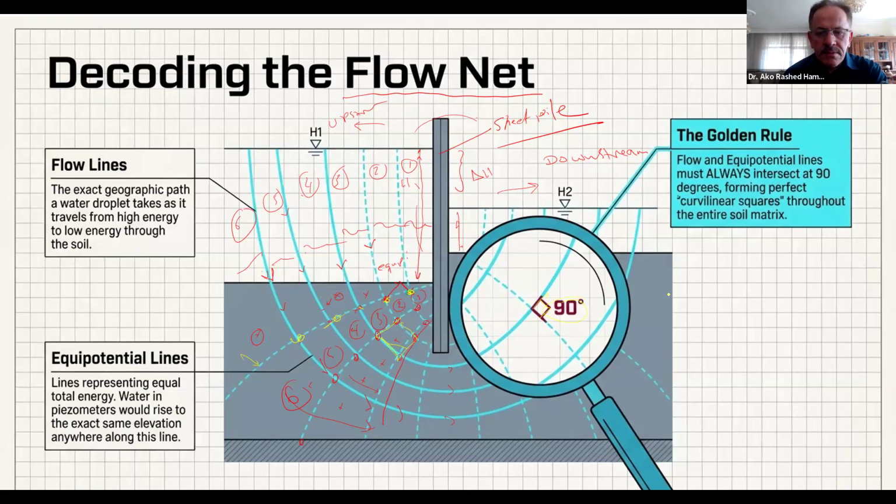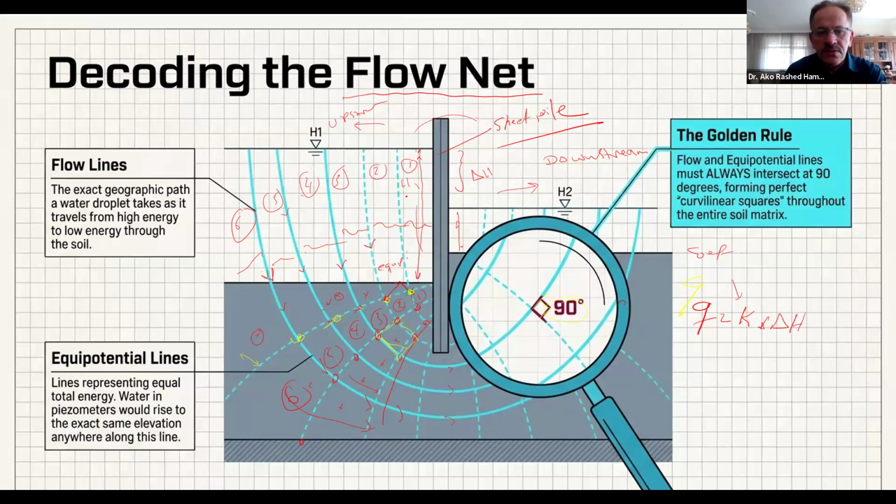Now, what I need from this figure is to calculate the seepage. What does seepage mean? It is the flow that will reach from this side to this side. So the flow, which is Q, is equal to K, the coefficient of permeability, times delta H. What is delta H?